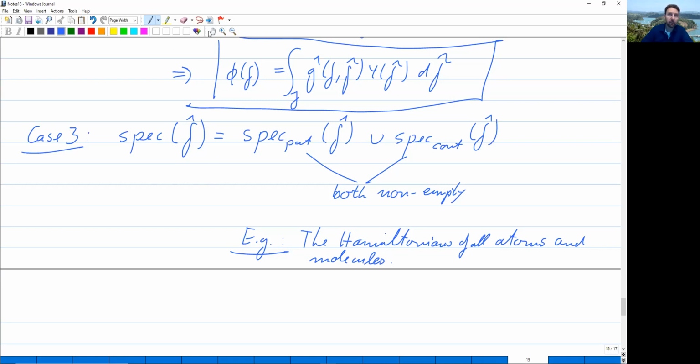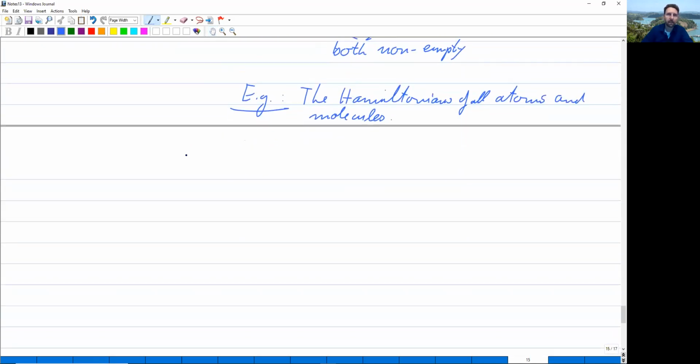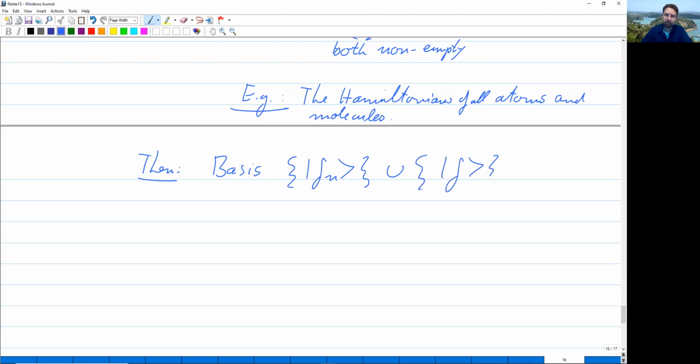Well, then, how does our basis look like? Then we have a basis which consists of a set of fn's and a set of f's, where f is a continuous label and n is a discrete label.